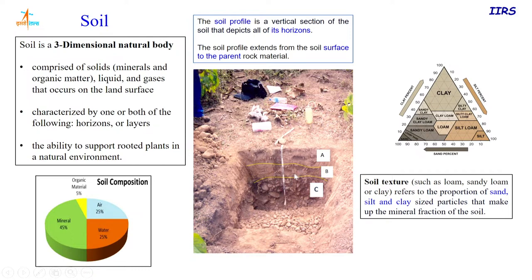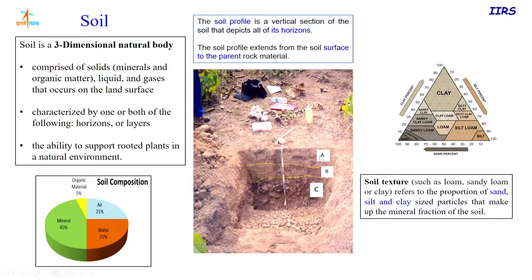We can see here that soils at various depths are different. Soil types are different in their physico-chemical characteristics. And when we open a soil profile, we can see the various layers, which we call soil horizons.